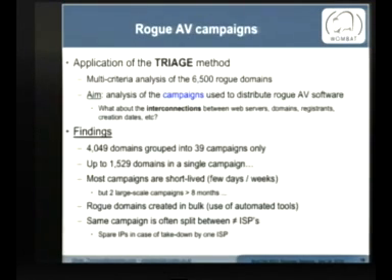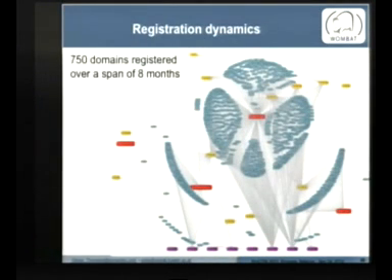Then, as you will see in the next picture, we found that the rogue domains are created in a bulk fashion, clearly, and the same campaign is usually split between different internet service providers.